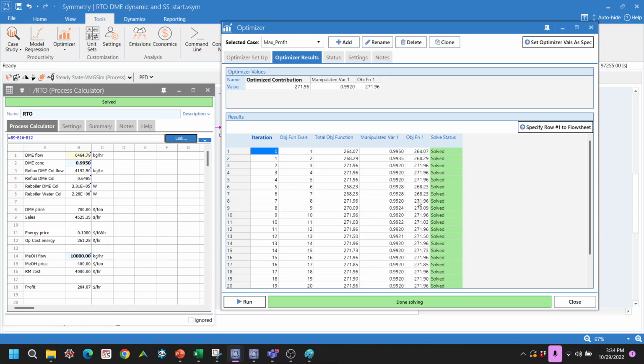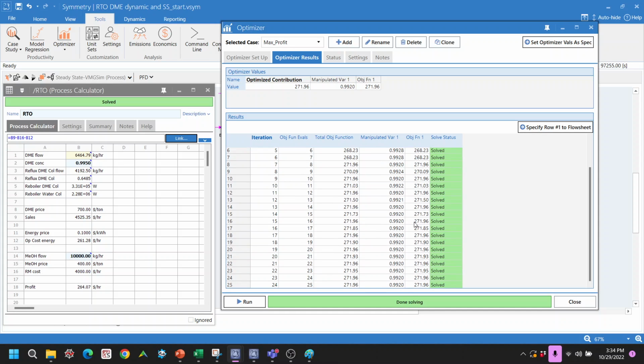And so on and so forth, until the reflux goes down and down, until iteration 24, where there are no more changes and the last few numbers are constant. So it says that the optimum reflux ratio is about 99.2%, and the objective function is $271 per ton.